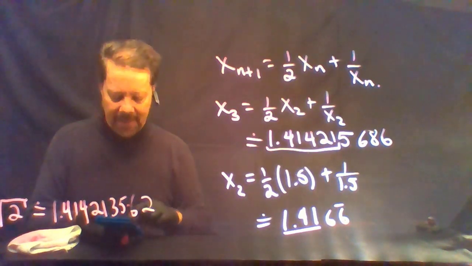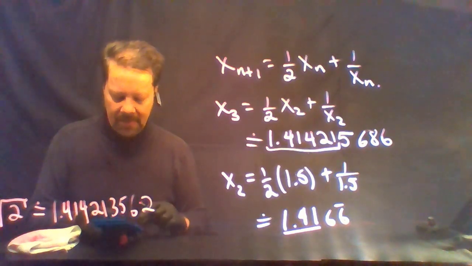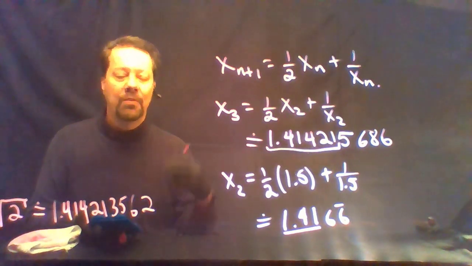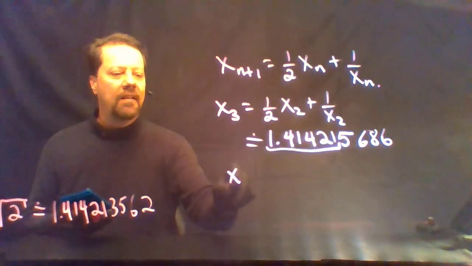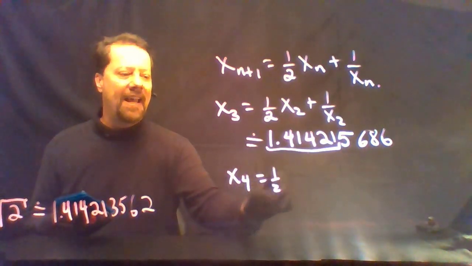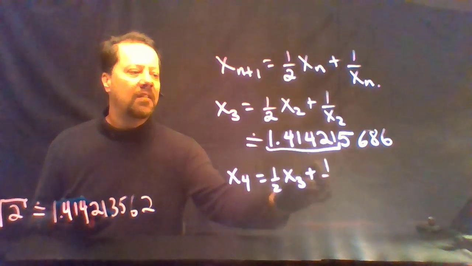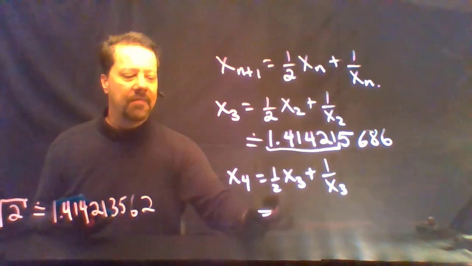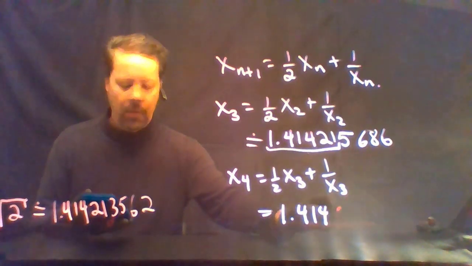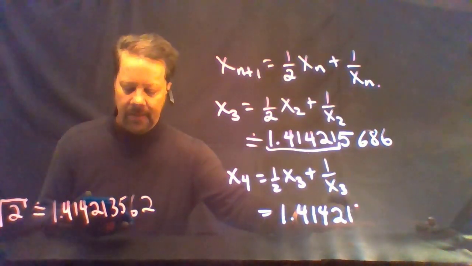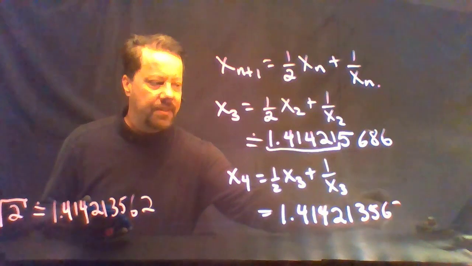I'll store this value in memory, and we'll try a fourth iteration of the method. x4 will be 1/2 x3 plus 1 over x3. My calculator gives me 1.414213562.